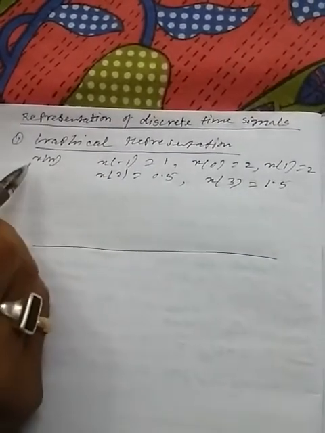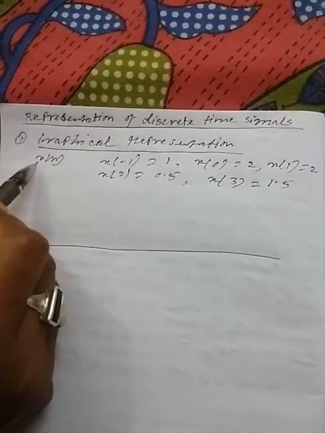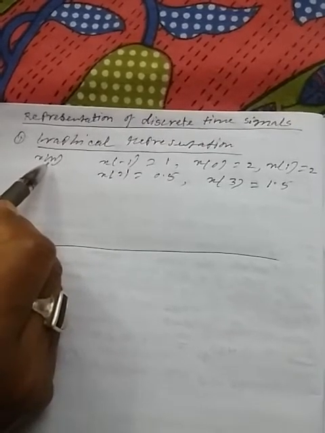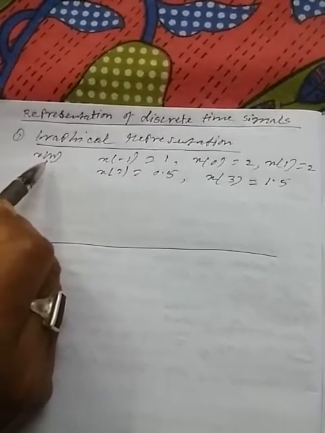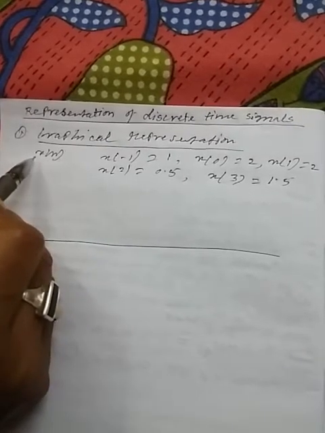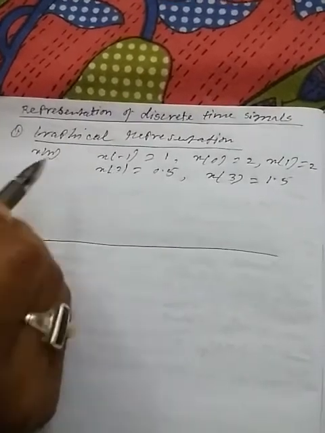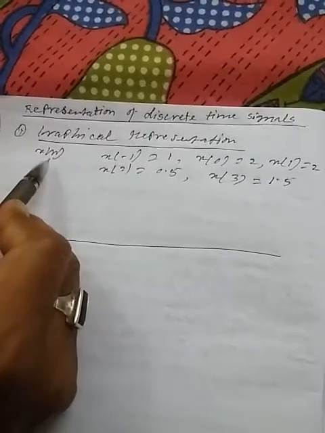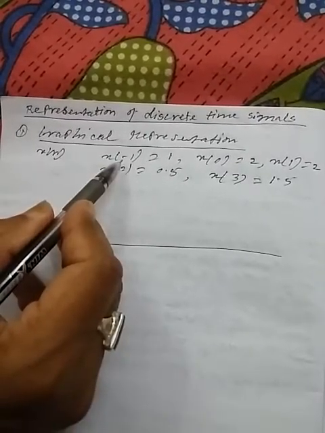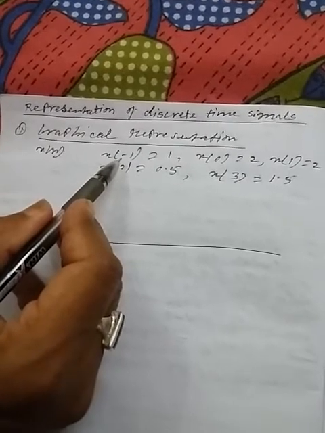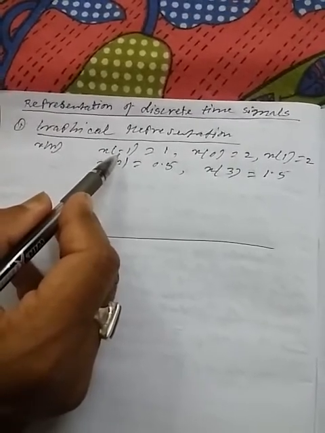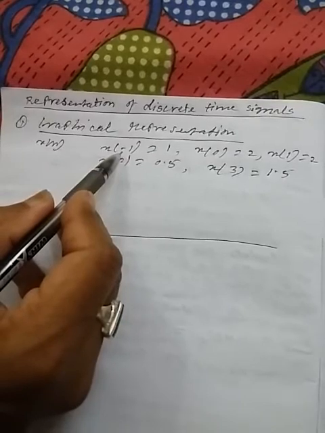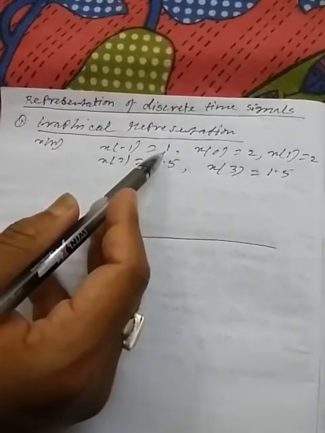Look here, x in bracket of n, so n is in the bracket of x. Here is x of -1, so the value of n is -1. When n is -1, then x[n] is 1.